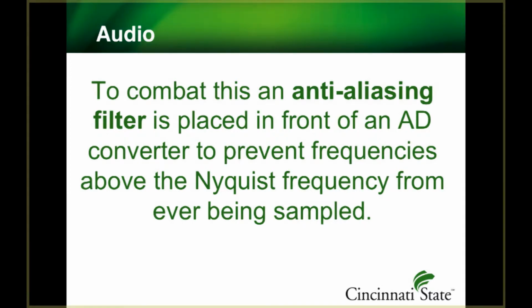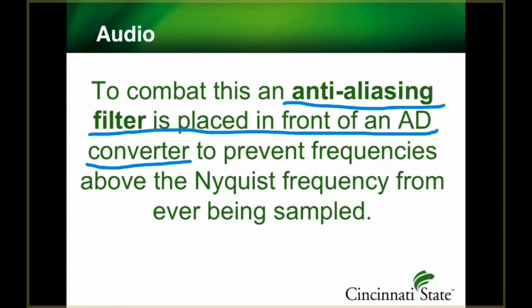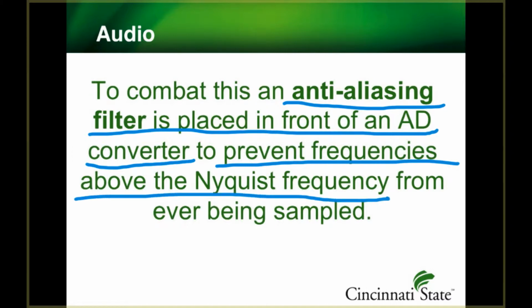So you need to use what is called the anti-aliasing filter that you put in front of your AD converter. What this does is that it prevents the frequencies above your maximum Nyquist frequency from ever being sampled in the first place. So you're basically putting a filter.